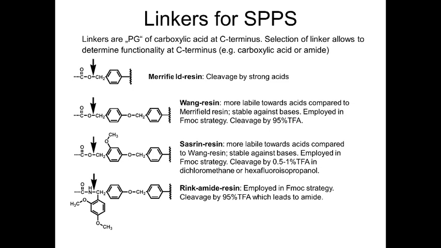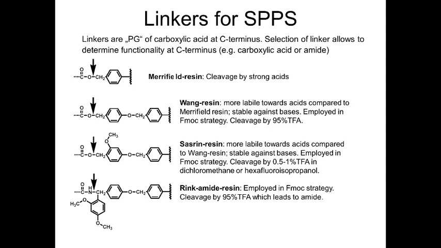Now you can see that with the introduction of a small methoxy group, increasing the electron density in your aromatic system, as realized in Sasrin resins, you get the resin more labile towards acids compared to the Wang resin.